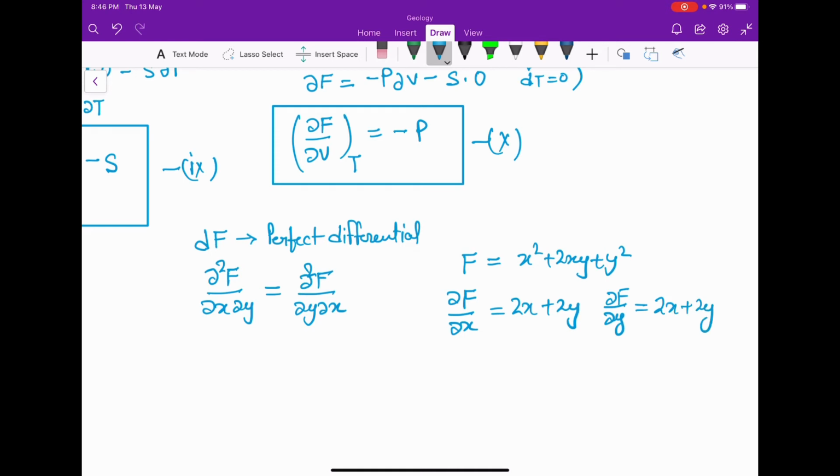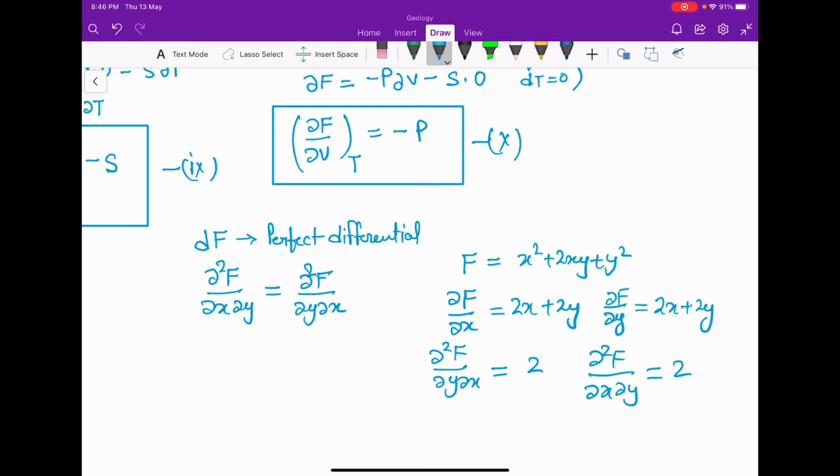Again, if we differentiate del 2F by del y del x, it gives only 2, and del 2F by del x del y will also give 2.